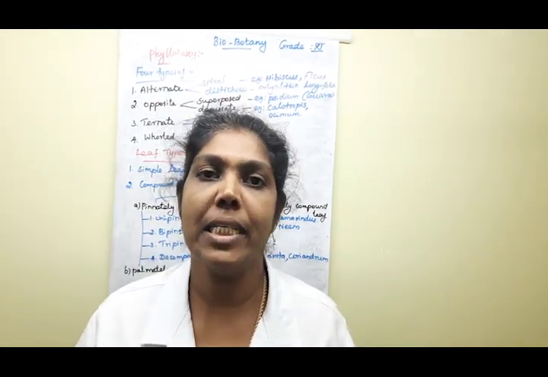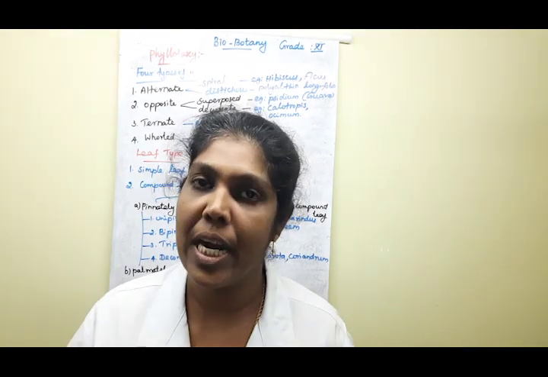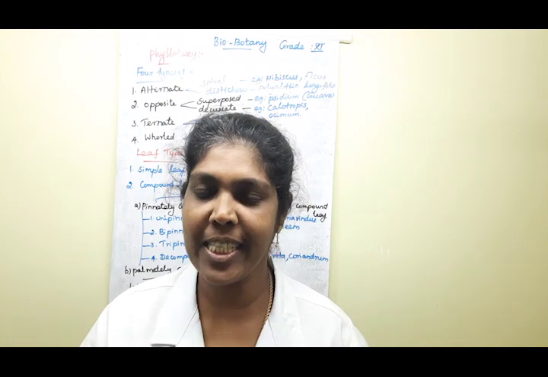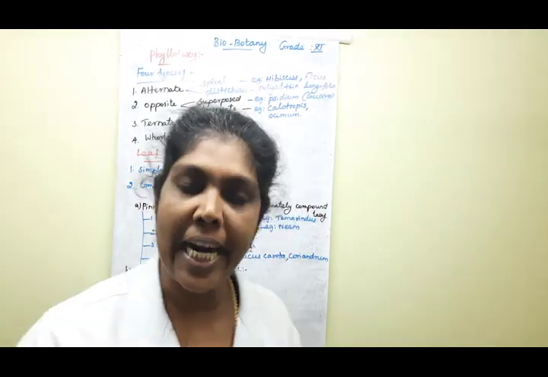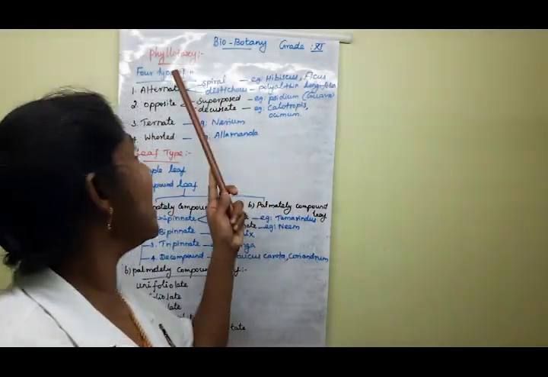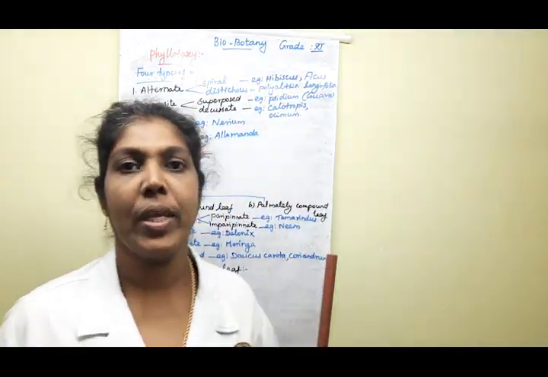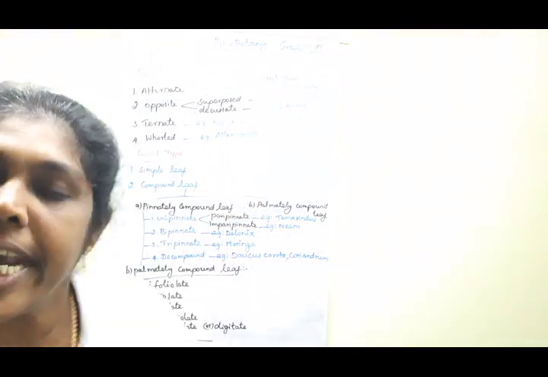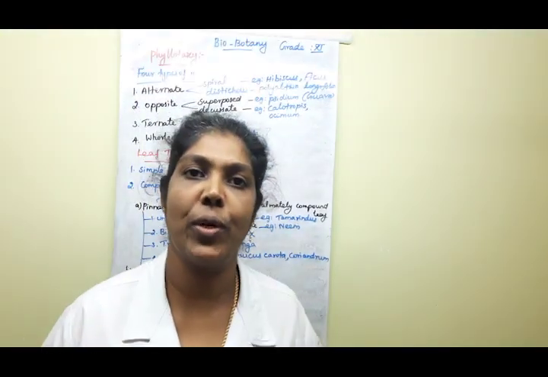Then today's class, continuing, we are going to learn about leaf phyllotaxy. Okay? This is a new technical term in taxonomy, phyllotaxy. What do you mean by phyllotaxy? The arrangement of leaves on the stem region is known as phyllotaxy.